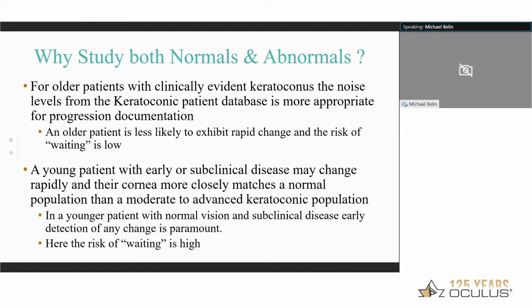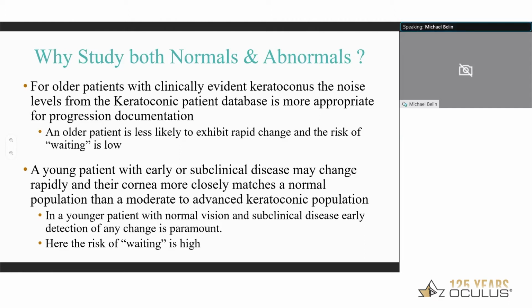Now, the keratoconic population should be obvious because we're dealing with keratoconus, but in your older patients who have clinically evident keratoconus, the noise levels from the keratoconic population are more appropriate to utilize for a number of reasons. One, we're dealing with more advanced disease, and in your older, more established patient, the risk of rapid change is lower, and the risk of waiting is somewhat lower.